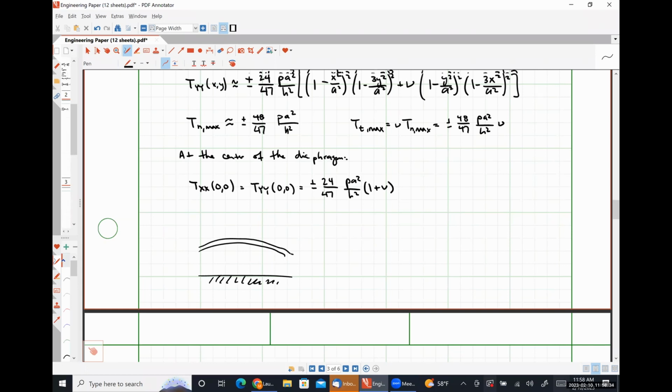Because the gap isn't uniform, we can't use epsilon A over d anymore. If this were just a curved plate, it wouldn't be that bad because we could slice this curved plate up into small sections, each of which has a specific gap, and they're all electrically connected in parallel.